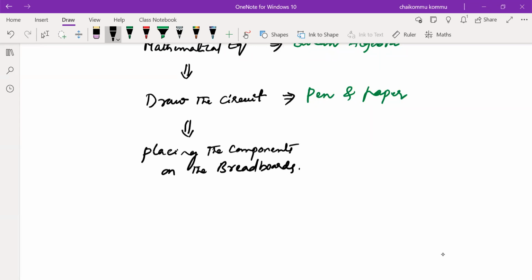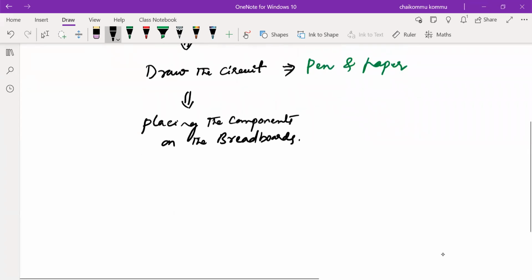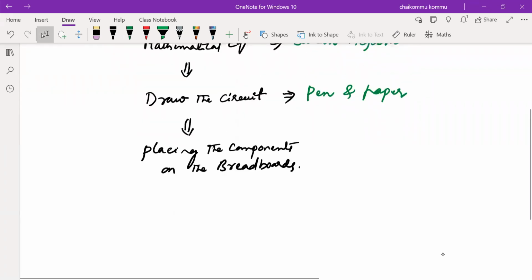So for this, we have to consider the breadboards. The breadboard is one of the important things.